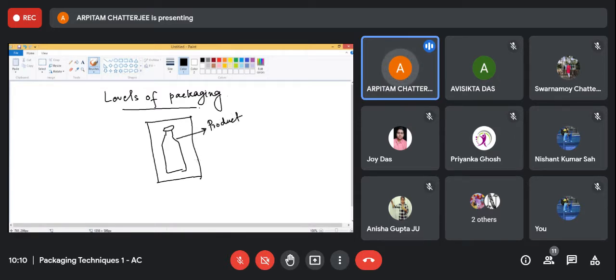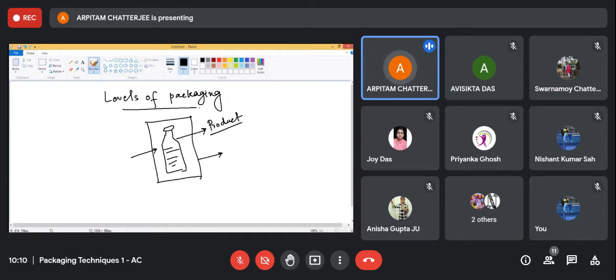And the other is a second layer of packaging which is not directly interacting with the product, but it is giving a second level of protection as well as convenience and information.